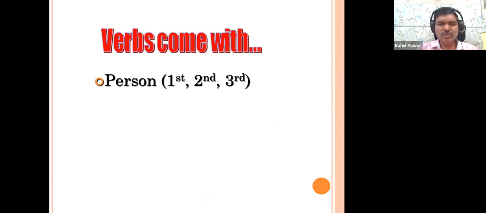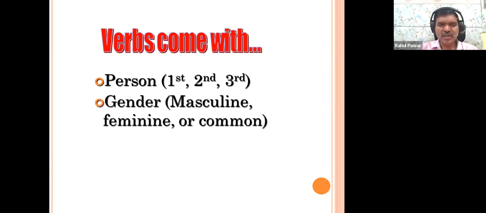So in Hebrew, a verb comes with person, that is first person, second person, third person. Gender, that is masculine, feminine, or common. In Hebrew, there are only two true genders, masculine or feminine. There is no neuter.